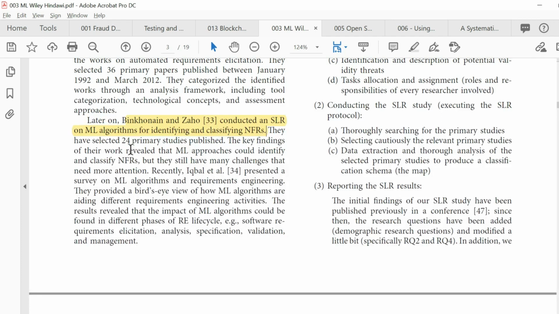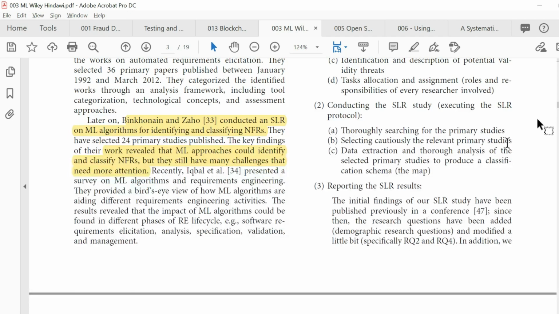They selected 24 studies. The key findings of the work revealed that machine learning approaches could identify and classify non-functional requirements, but they still have many challenges that need more attention. So that is their finding.